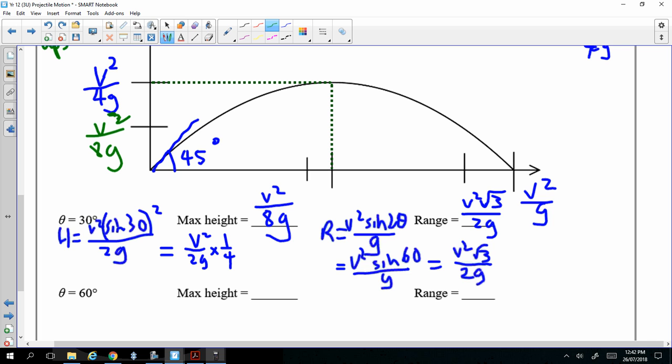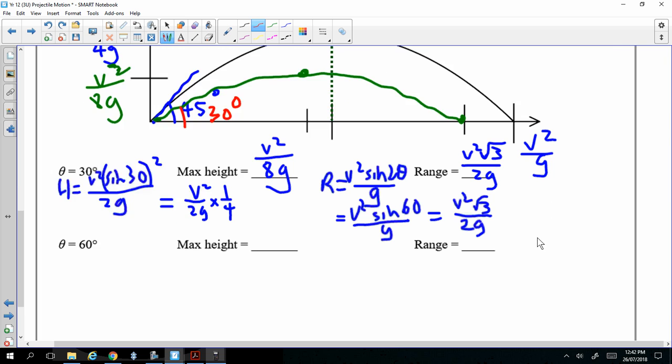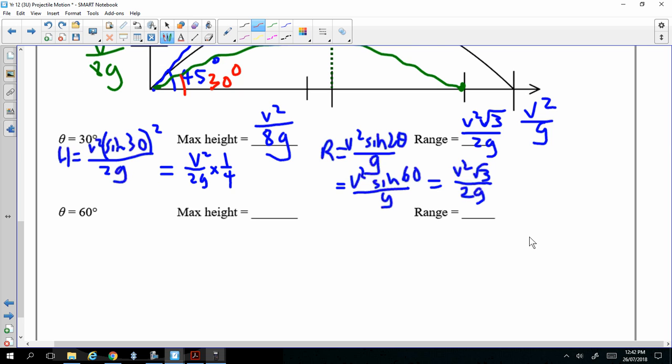And I want to do the same with 60. Find the maximum height and the range. Do the same thing: h equals v squared sine 60 squared over 2g, and you will end up getting 3v squared over 8g, which happens to be this number here.